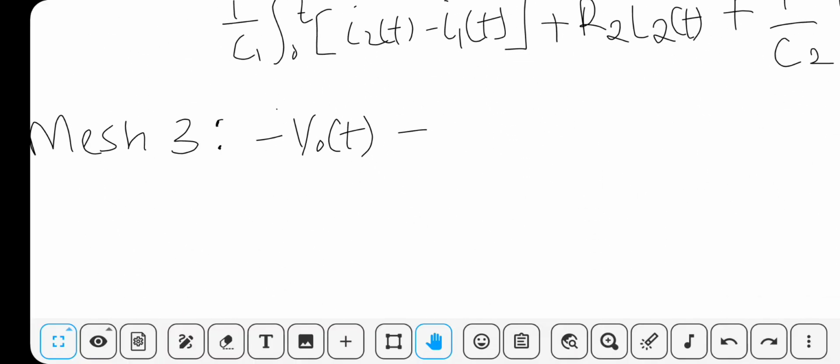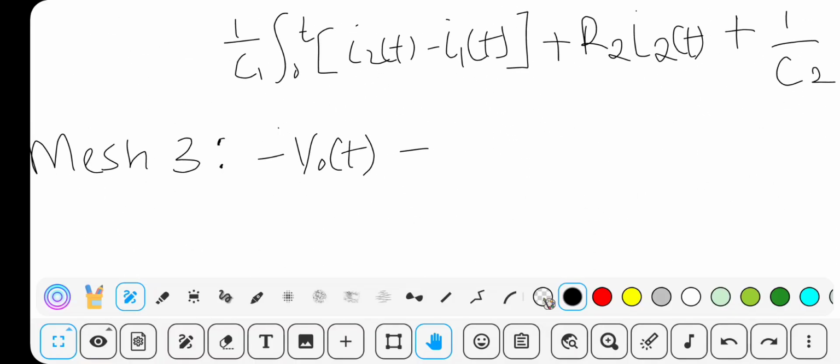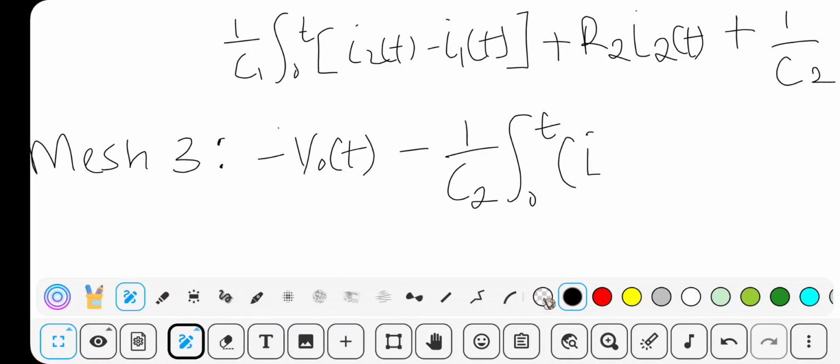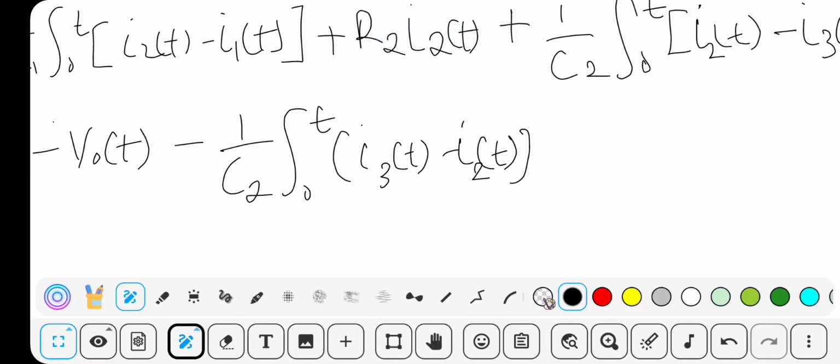This will be minus 1 over C2, I3 of t minus I2 of t, and this will be equal to dt.